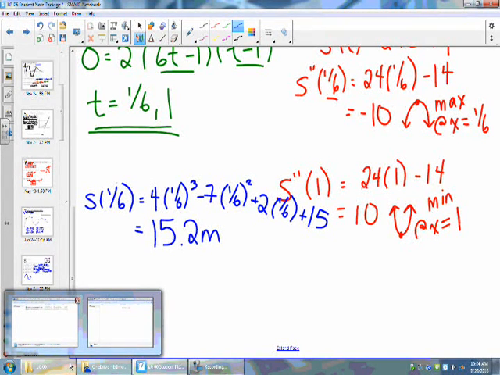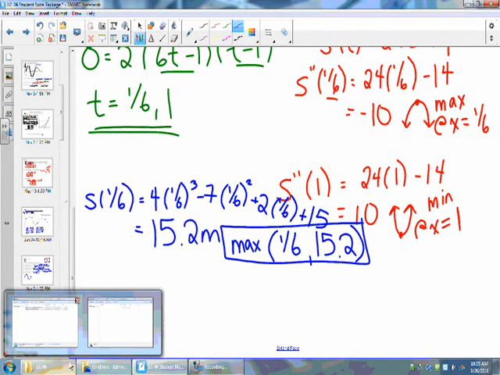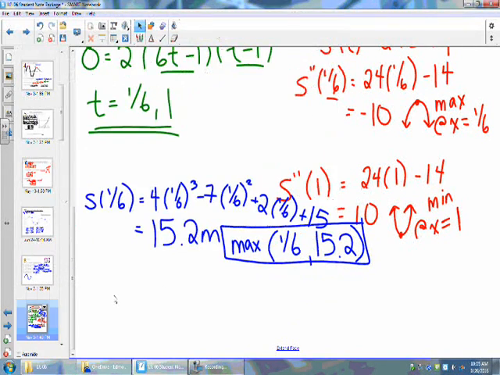So that automatically gives us our maximum value at 1 over 6, 15.2. Okay, so that's going to be part of our answer. And our next one is just going to be our 1.